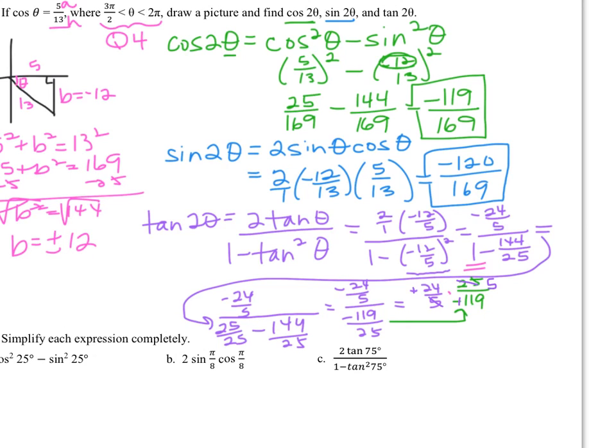That just makes less for us to multiply for our final answer. 24 times 5 in the numerator will be positive 120. And then we have 119 in the denominator. And that fraction will not simplify since we cross-canceled prior to the end result. This means 120 over 119 is our tangent 2 theta value.